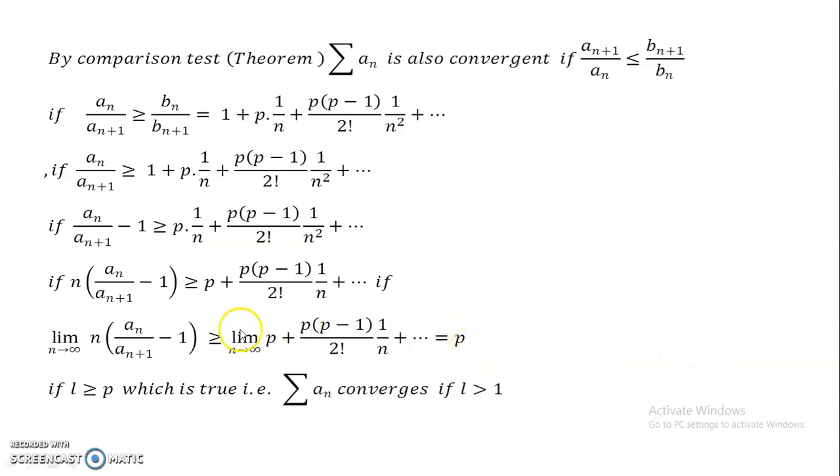So when we compare this limit with this P, which is greater than or equal to P, as I told you, if L is greater than or equal to P, which is true, then the infinite series summation a_n converges if L is greater than 1.